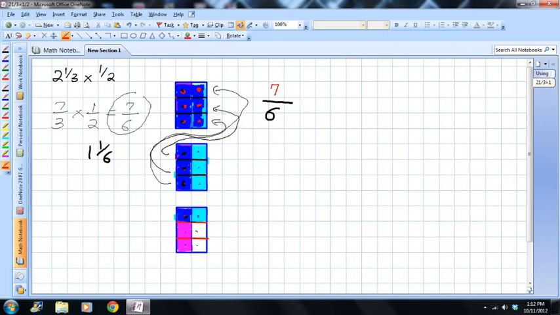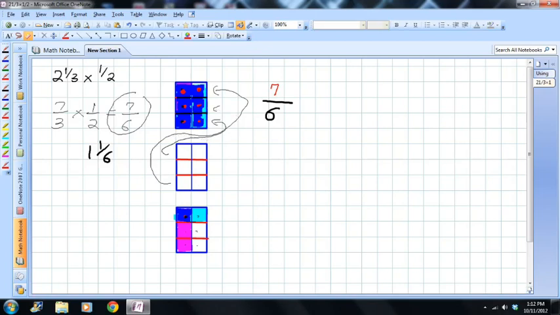And now the ones in the second rectangle, I don't need those anymore because I used them in the first rectangle. So let me clear this out. So I've used those. All right. Now, let's look at what I have here. This second rectangle is empty. I don't even want to think about it anymore.